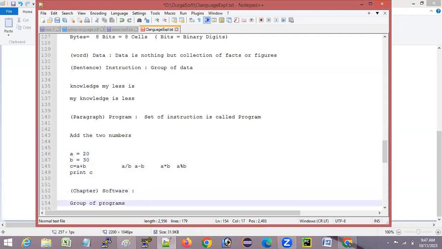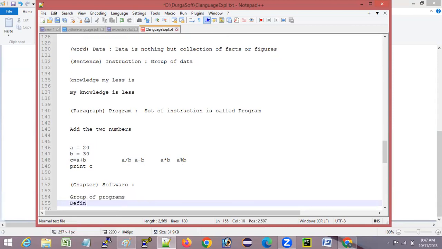Now here, what is software? Software is nothing but a group of programs. So how are we going to define it? Once again, I'll tell you. The definition is like this: software is a group of programs grouped together and made into a large program.